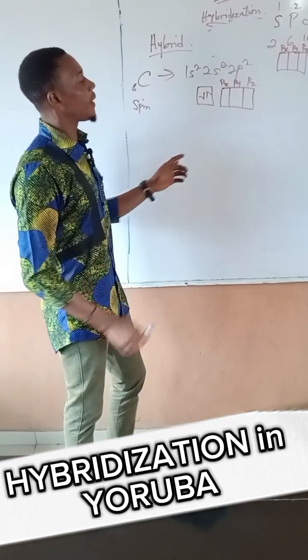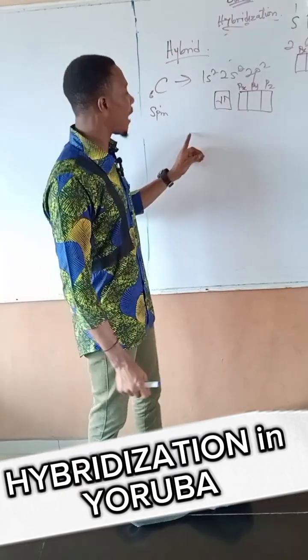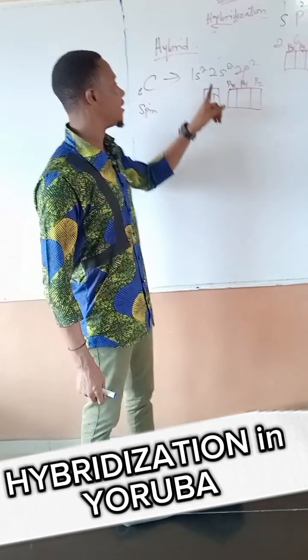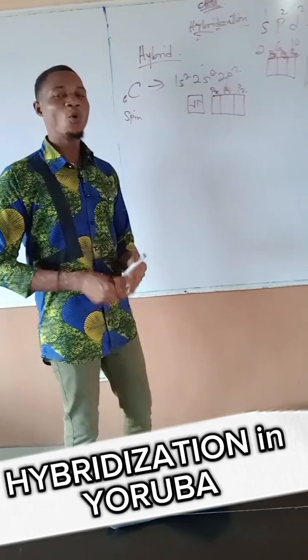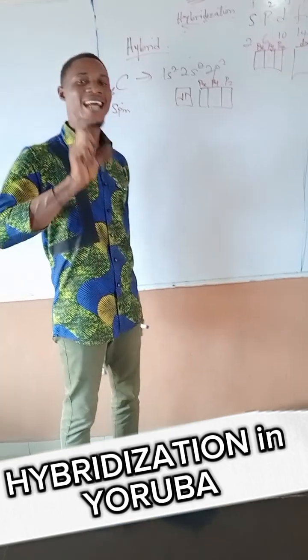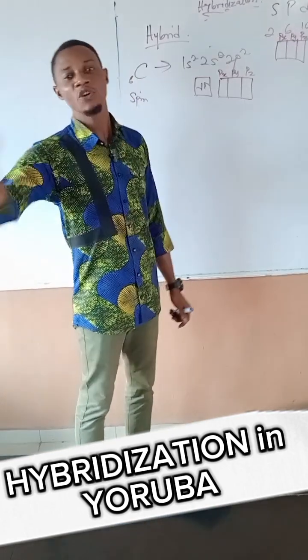Spin. There is a particular rule we must follow in this hybridization, a rule that must guide the arrangement of electrons in an orbital.